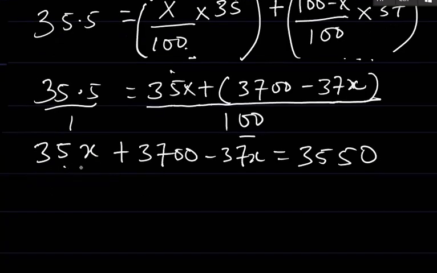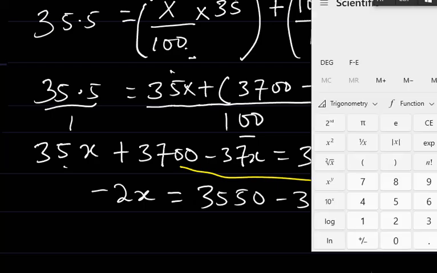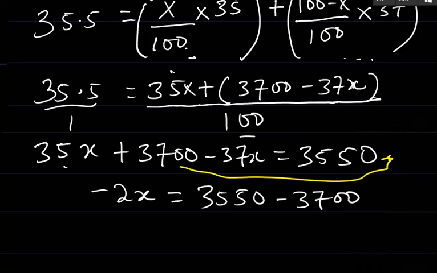All right, so if I subtract, this is of course going to be minus 2x. If I take this to the other side of the equation, that's going to be 3550 minus 3700, which is minus 150.